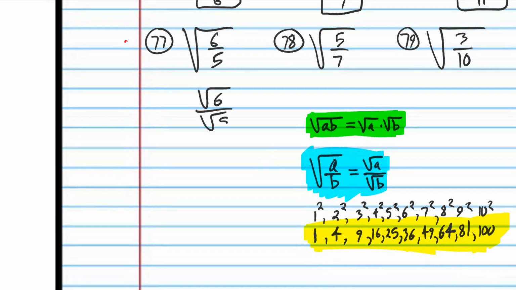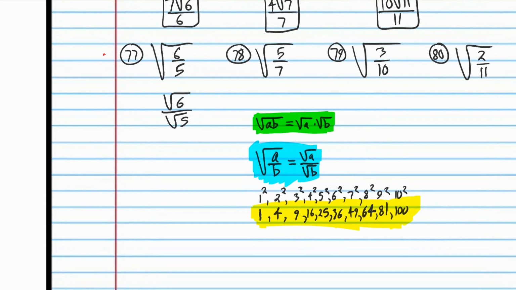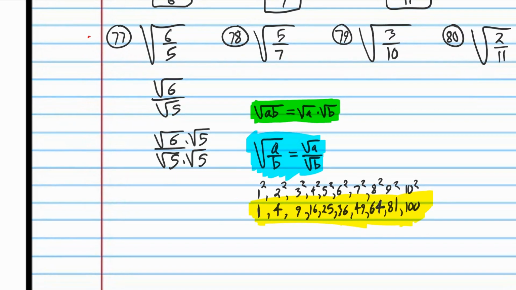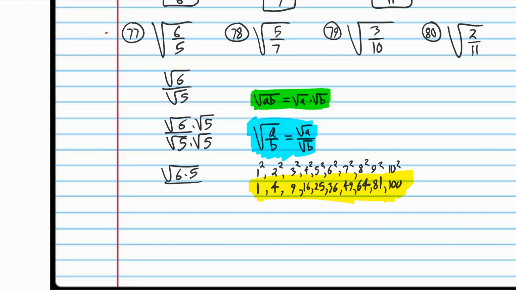just like we did in the previous problems. And then we're going to rationalize the denominator just like we did in the previous problems. So obviously we want to get rid of the root 5, so we're going to multiply both sides by root 5. And up here, remember how you do this. You just use the green equation there. We already did this today. Same thing in the bottom.